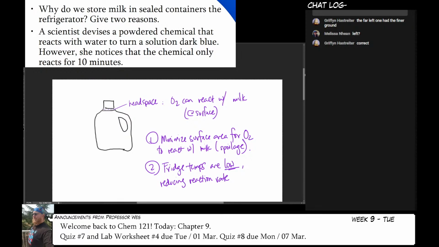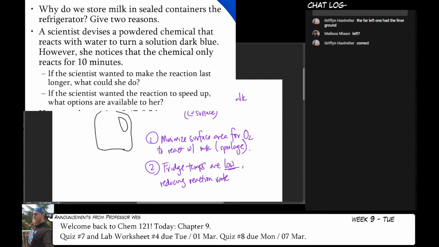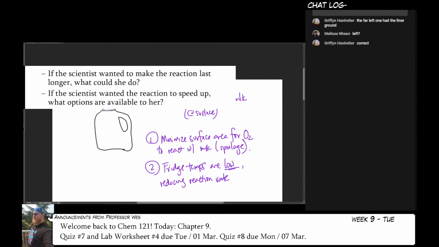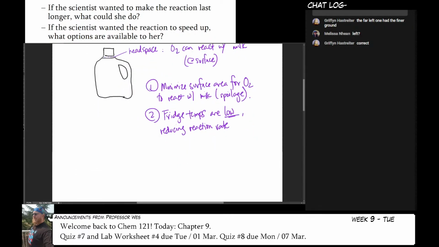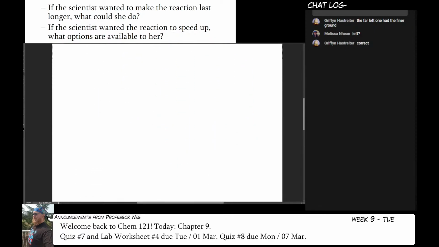All right. For the second question, we have a reaction where stuff happens in 10 minutes. Now, if the scientist wants to make the reaction go longer, how would you slow the reaction down and make it go for a longer time? Well, what are the 4 things that make a reaction go fast? So, to get a faster rate, step 1 would be to increase surface area by grinding it up.